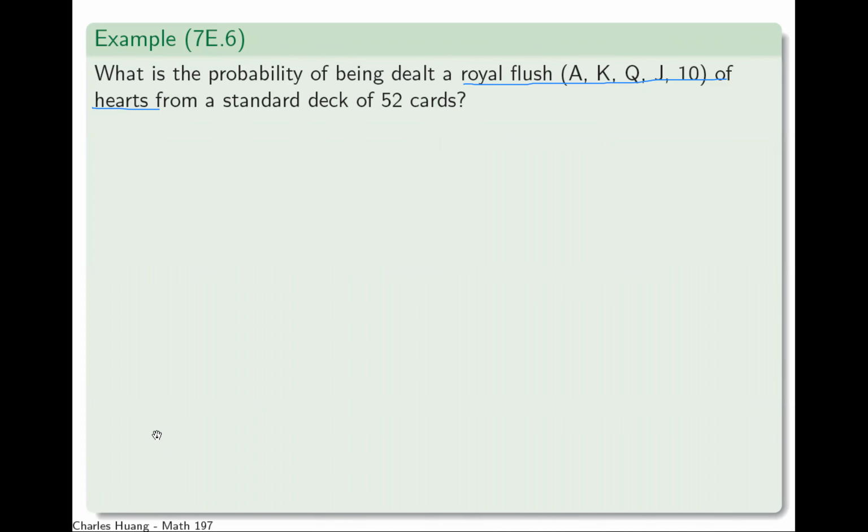There's only one set of 5 cards, and they are the ace of hearts, the king of hearts, the queen of hearts, the jack of hearts, and the 10 of hearts. I cannot substitute any of these cards with anything else. We're not playing with jokers here, so no wild cards, just the standard deck of 52.